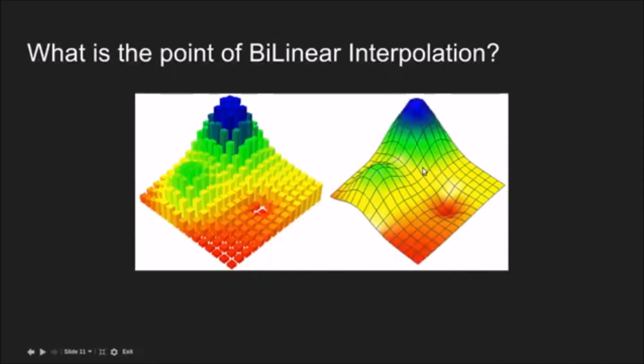We can mathematically extrapolate what those points in between would look like on the face. What happens mathematically when we do bilinear interpolation is that we fill in the data, those in-between points on the mesh, and determine what they would look like.